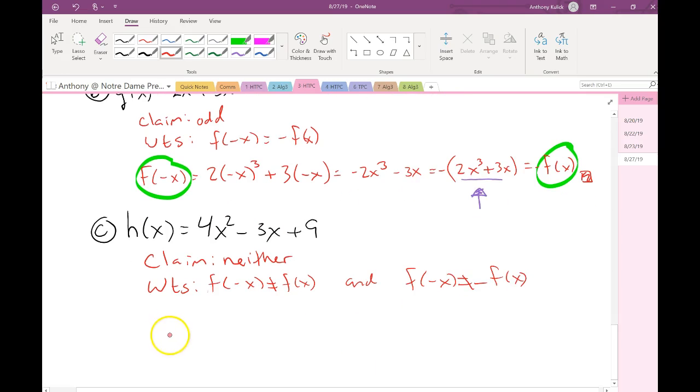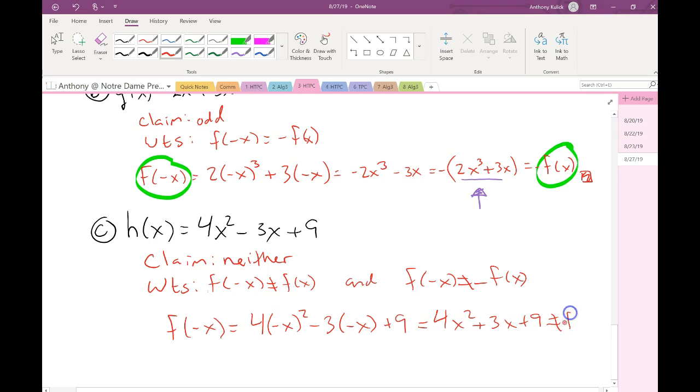So I'm going to start the same way. So I'll do negative f of x. And when I simplify this, I get 4x squared plus 3x plus 9. Everybody agree with that? Well, that's definitely not f of x.